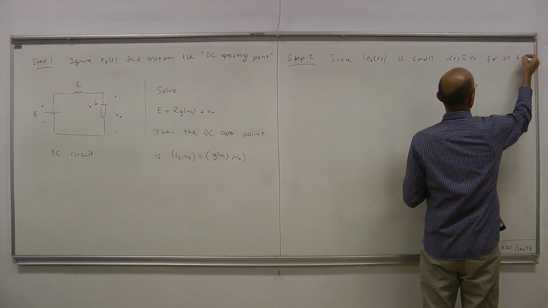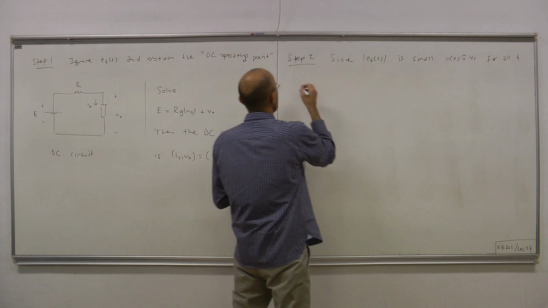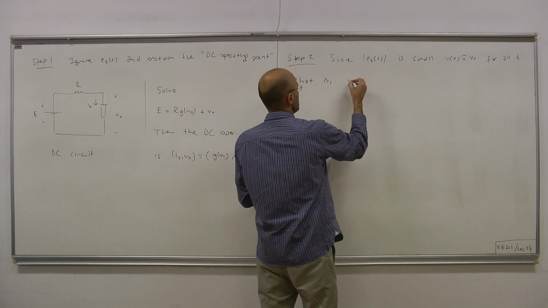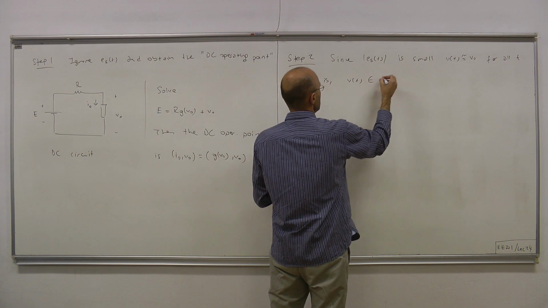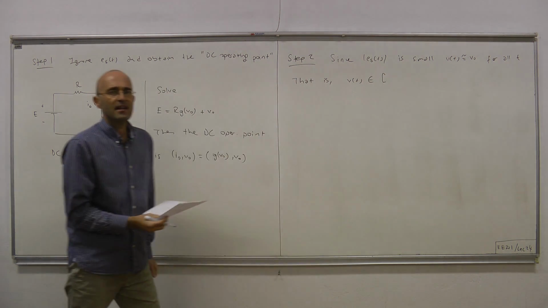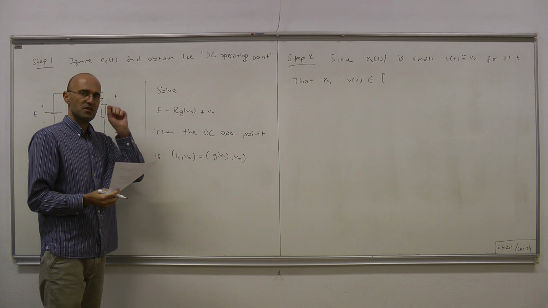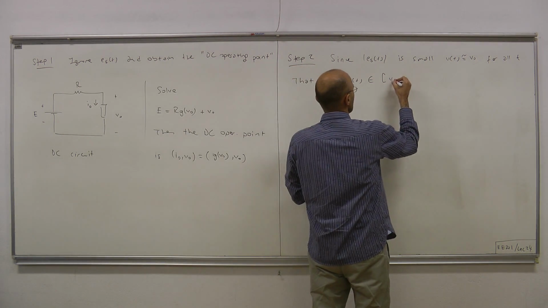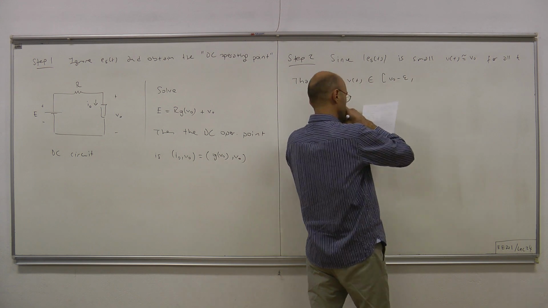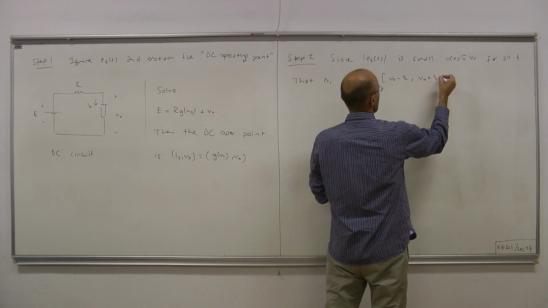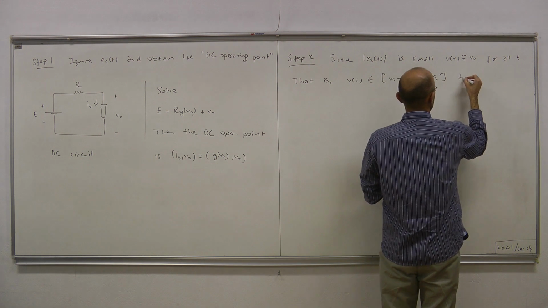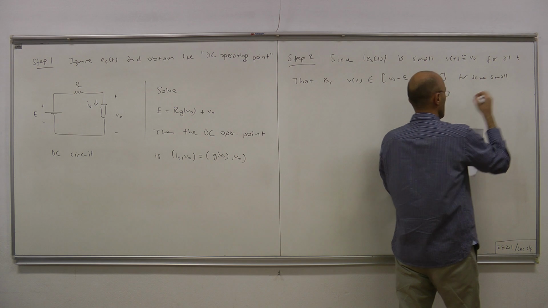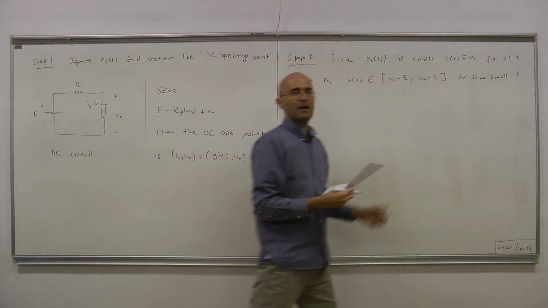For all t. That is, V of t will be in a small neighborhood of the constant voltage V0, or V of t will be in this interval V0 minus epsilon, V0 plus epsilon, for some small positive number, which we'll call epsilon.